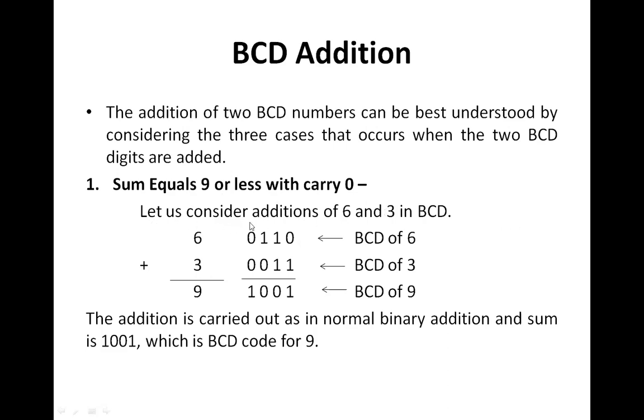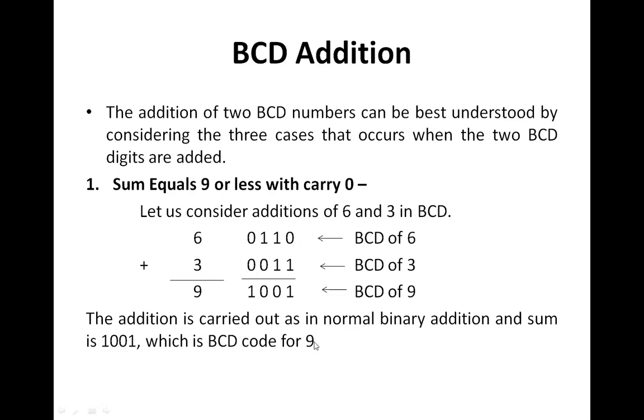For example, if we take 6 and 3 as the BCD numbers, so this is the binary number of 6, this is the binary number of 3, the BCD of 6 and BCD of 3. So when we add, we will be getting 1001.